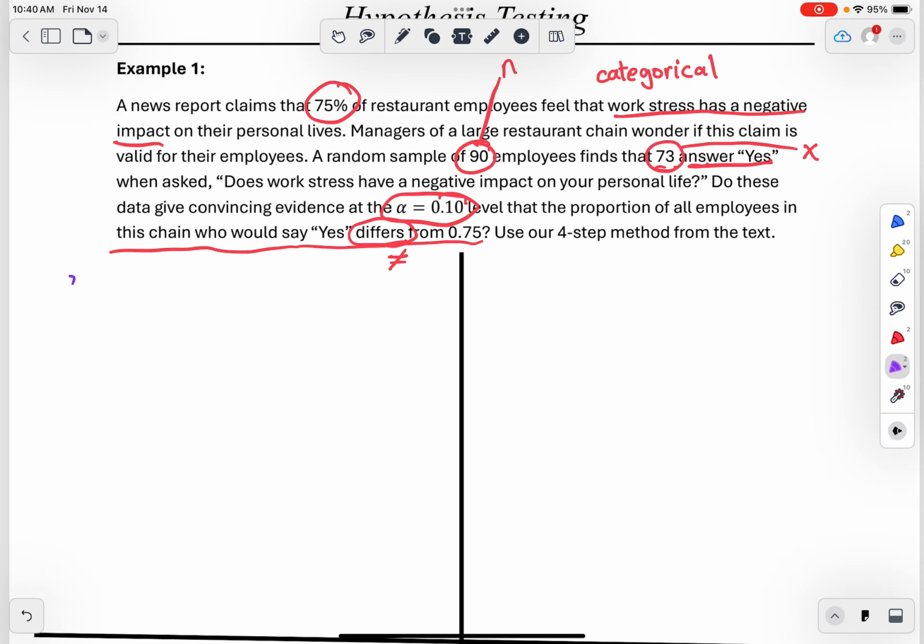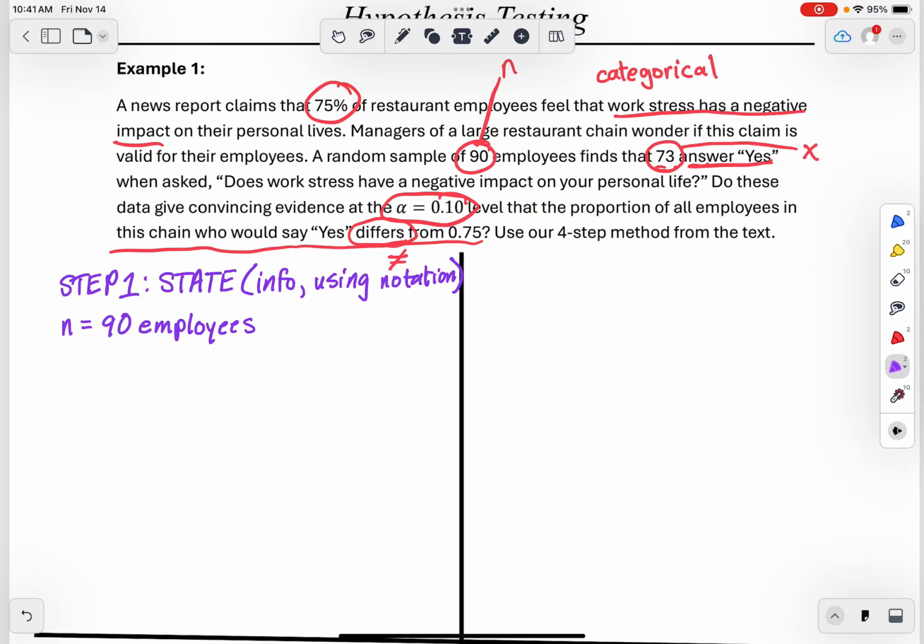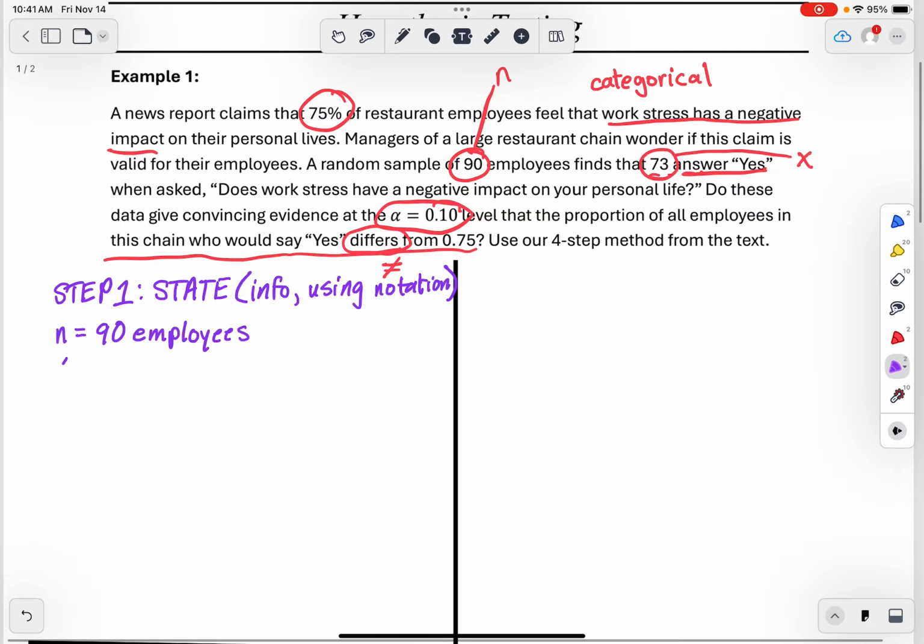So step 1 of our 4-step process is basically to state all of our info and all of our facts, and again, use proper notation to get us going. So we already saw N was 90 employees. And then the number of successes were 73.